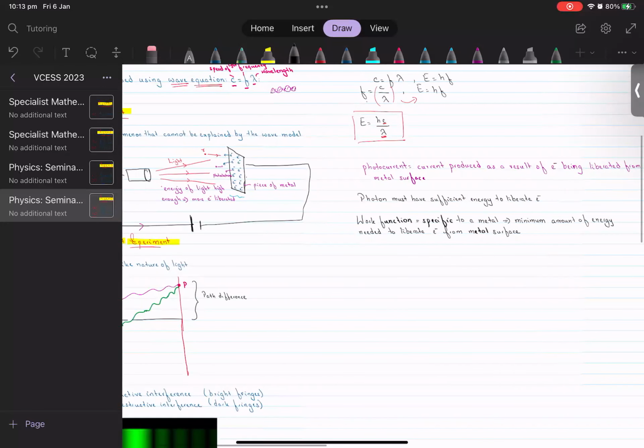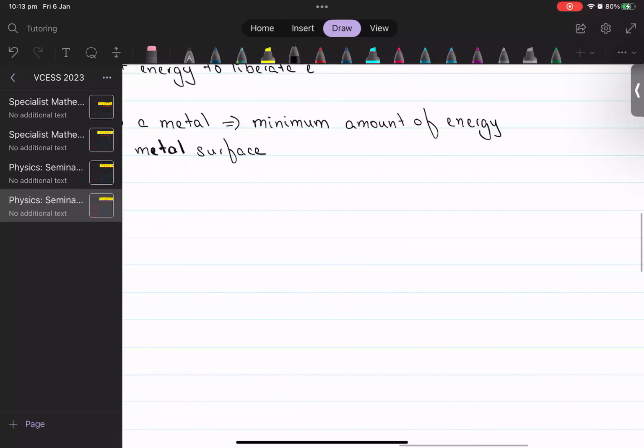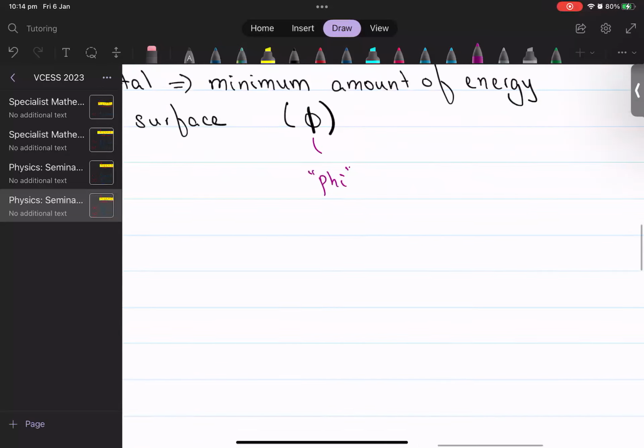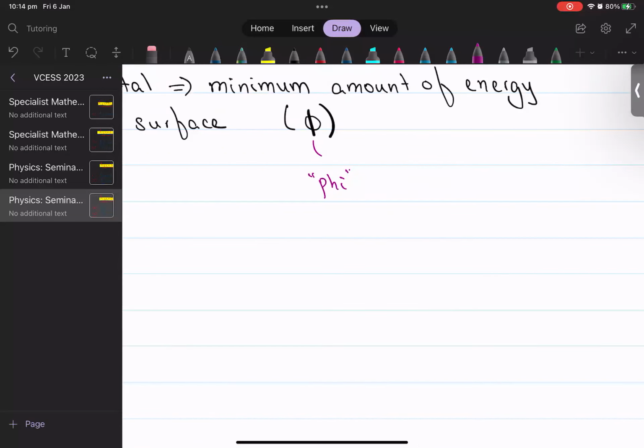The work function is generally denoted by phi, the Greek letter phi. And what Einstein said is that each metal has its own work function. Work function is a unit of energy, so it's either measured in joules or another unit, which is the electron volt.